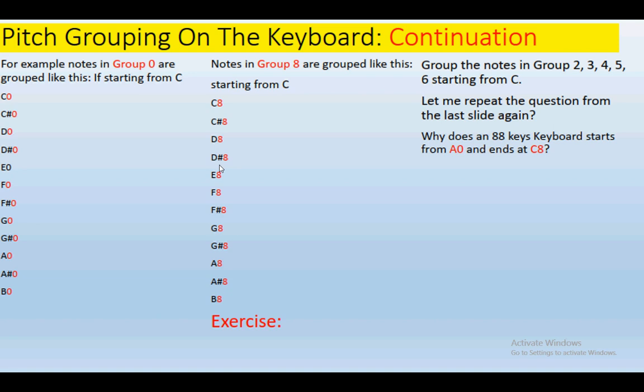So they just stop at C8 and start from A0. Anyway, nobody has a monopoly on knowledge, so research more. This is fundamental to help us know how music works. So don't forget pitch grouping on the keyboard.